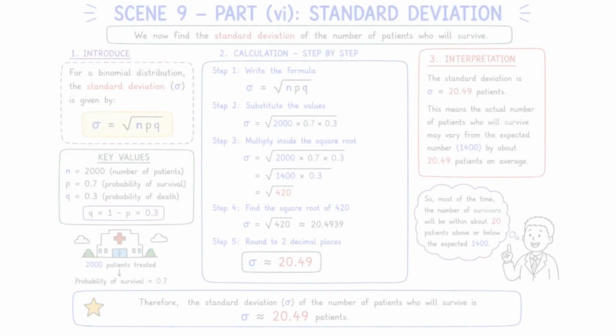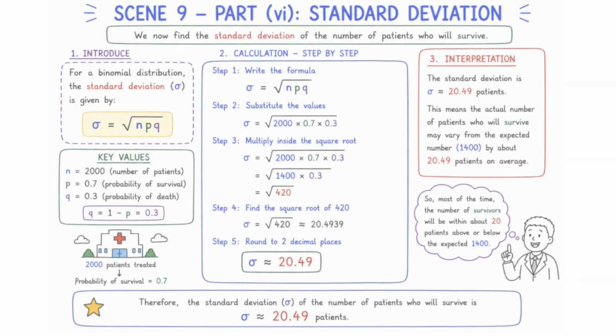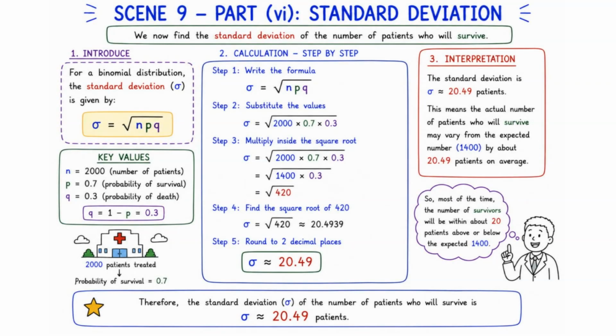Now, this part talks about standard deviation. So the final question asks us to calculate the standard deviation. Standard deviation measures how much the actual number of survivors is likely to vary from the expected value.